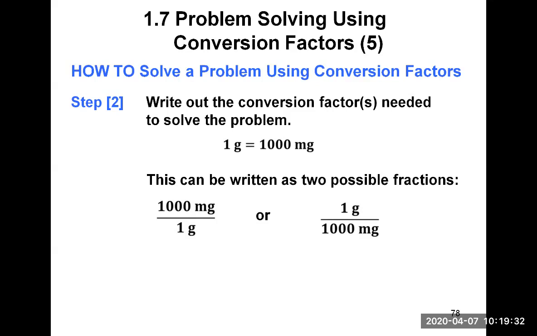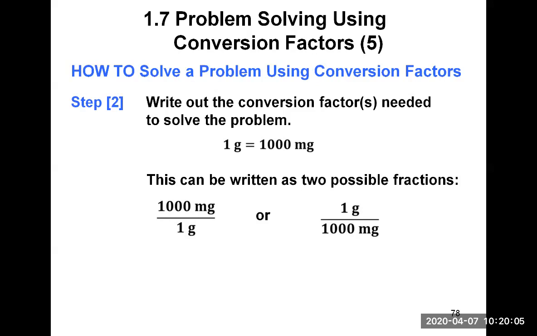So out of this equality, there are two possible fractions, two possible conversion factors, depending on if you are dividing both sides of the equality by a gram or by 1,000 milligrams. So we need to decide which one we will use to convert our 325 milligrams into grams.